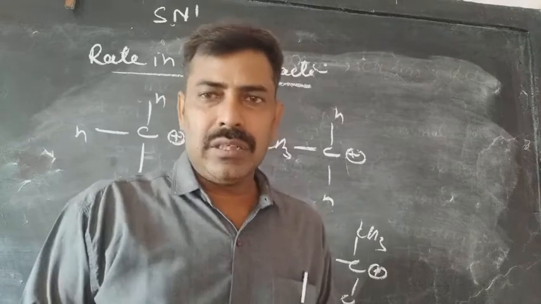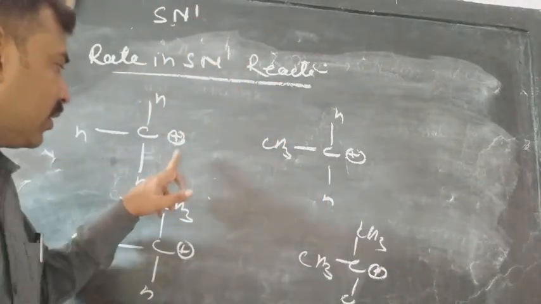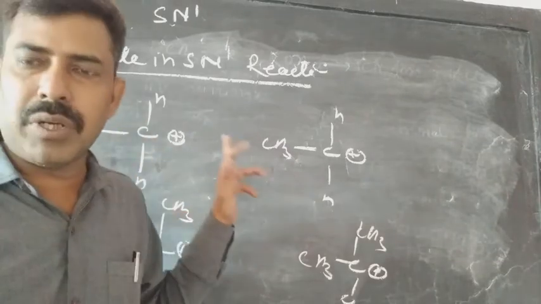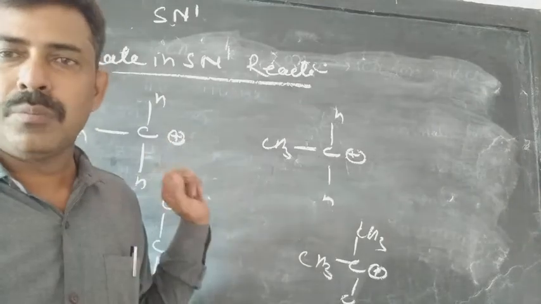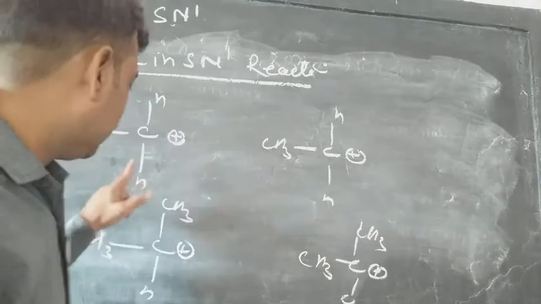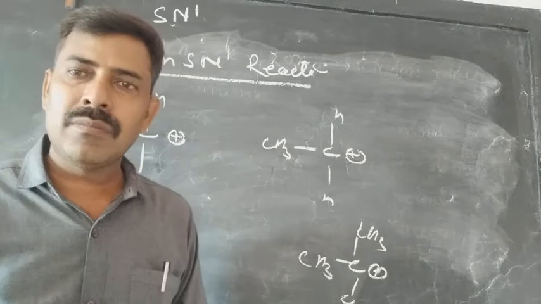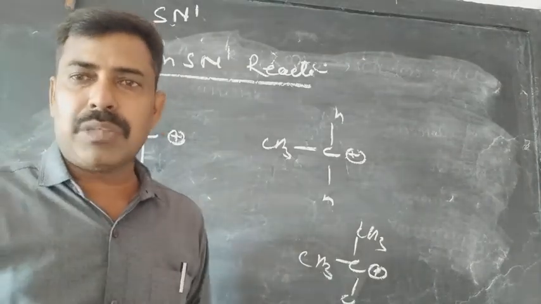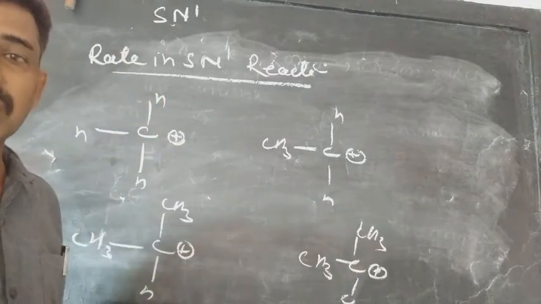In the methyl carbocation, the first one, three hydrogens are attached to the carbon. The carbon and the positive charge are common, so we are not going to discuss those two things. What will be the effect of the three hydrogens on the charge? There will be no effect, because hydrogen is neither a donor nor an acceptor of electrons. So whatever the charge here, it must remain the same.